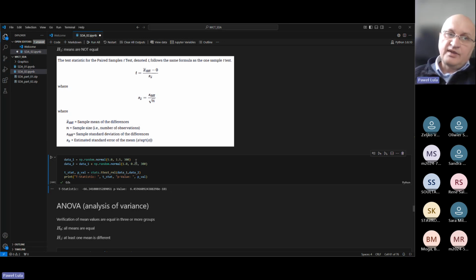In this case, we see that this educational process has a huge impact on our students. We see that values which we have at the beginning and at the end of, for example, a course, are completely different.